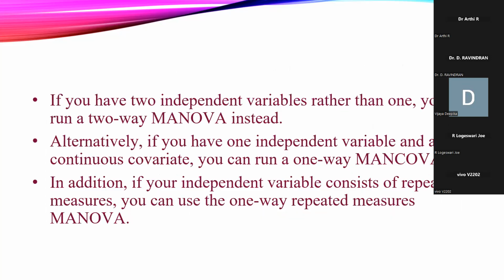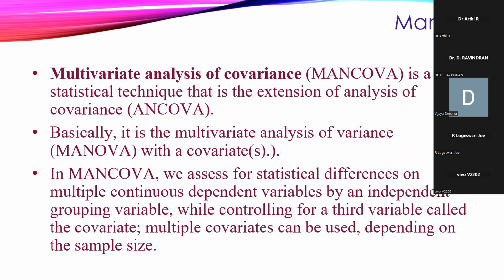Right. So next, if you have two independent variables rather than one, you do a two-way MANOVA. If you have one independent variable and one continuous covariate, you do a MANCOVA. If you have one independent variable which consists of repeated measures, then you use one-way repeated measures MANOVA.